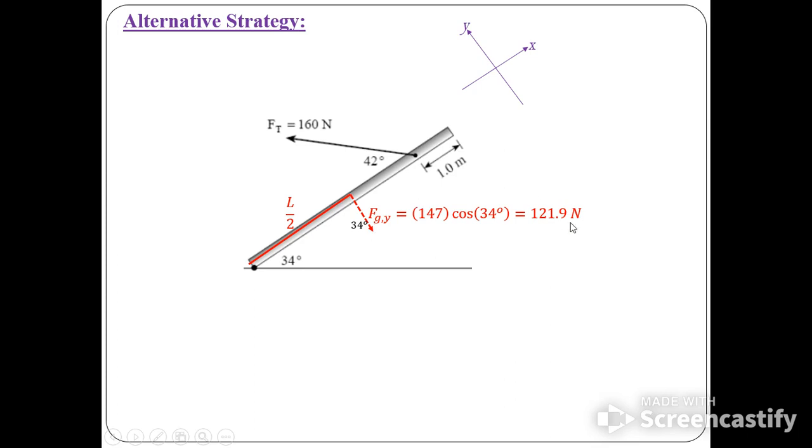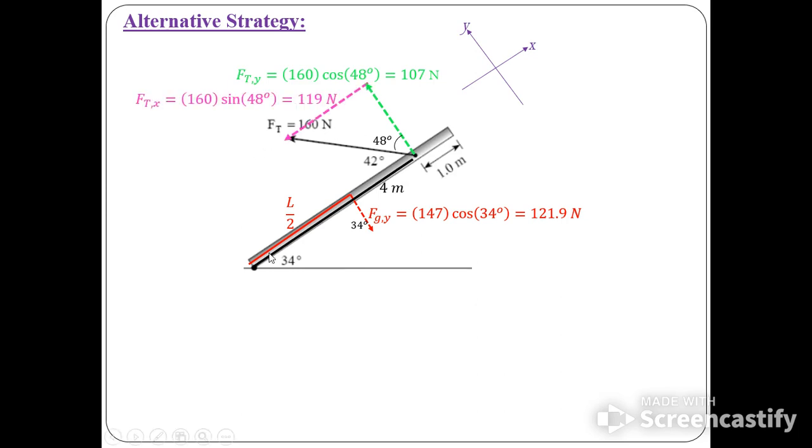And then we can go ahead and do the same strategy for F_T. Therefore, F_T here would have a component in the y direction, and it will also have a component in the x direction. So if we do some basic math, the lever arm from pivot to where the force is, again, is 4 meters, and that is in the x direction already.